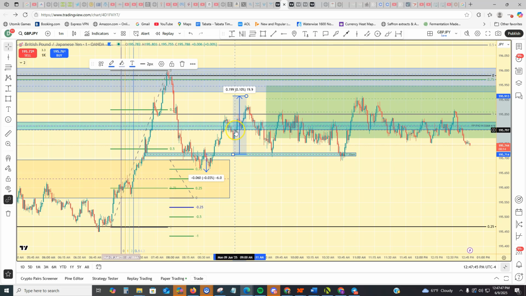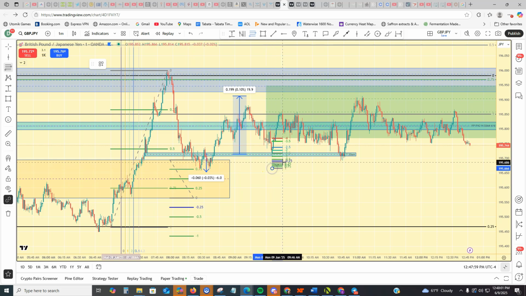So the next range would have been 9:30 to 10. Let's just mark that up real quick. Okay, here goes 9:30. This is the lowest. Oops, put this back on. This is the lowest point here.